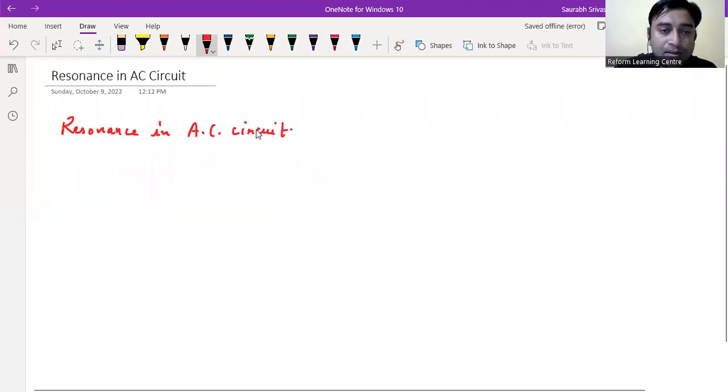What do you mean by resonance? Actually, in AC circuit or in any circuit, resonance is between inductor and capacitor.